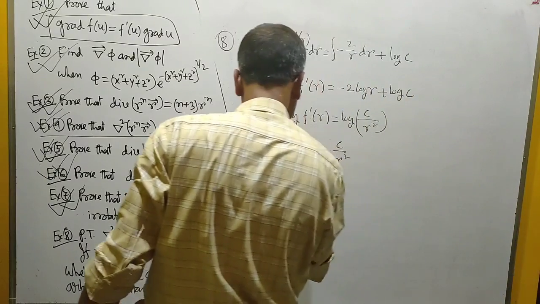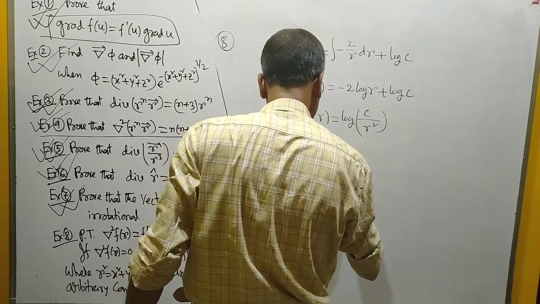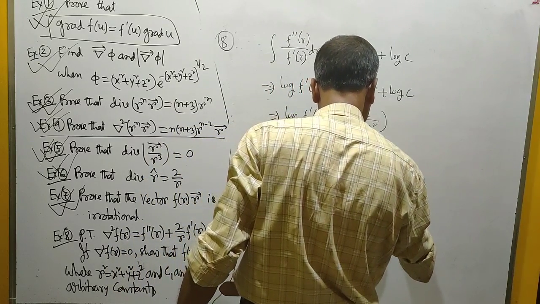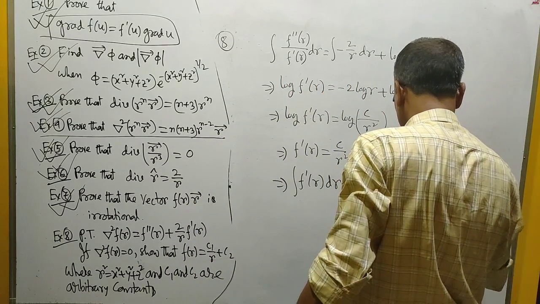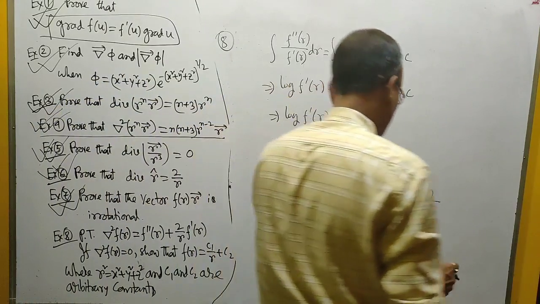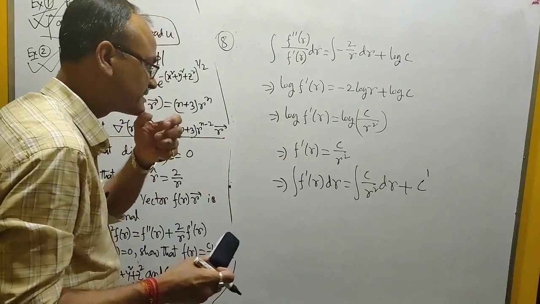Again integrating with respect to r. The integral of f dash r dr equals the integral of C by r square dr plus a constant. Suppose we write this constant as C dash.